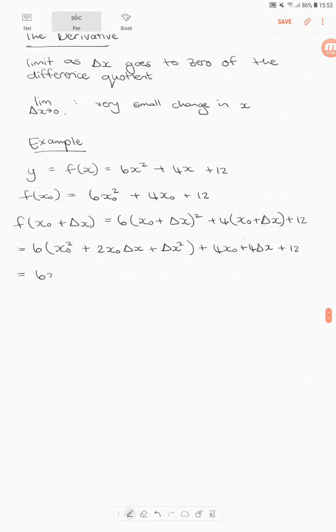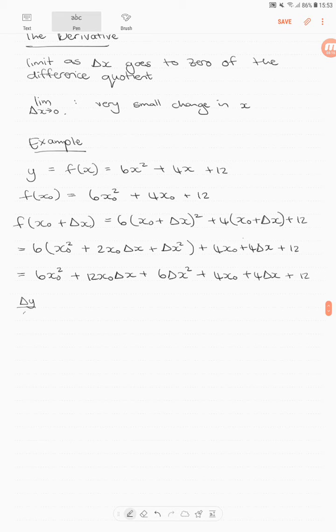That is equal to 6x0 squared plus 12x0 delta x plus 6 delta x squared plus 4x0 plus 4 delta x plus 12.